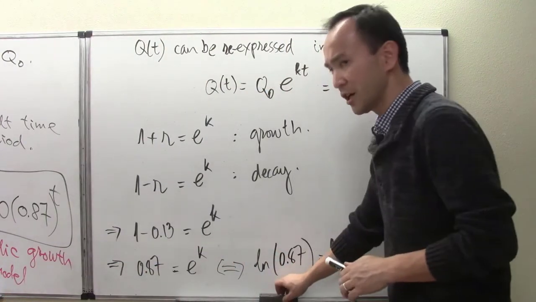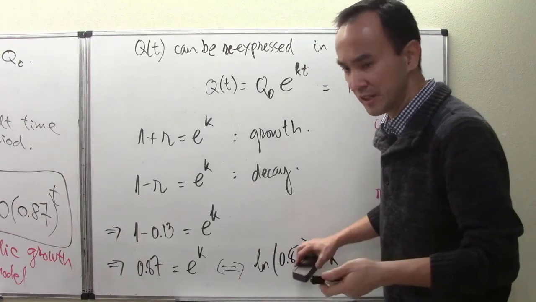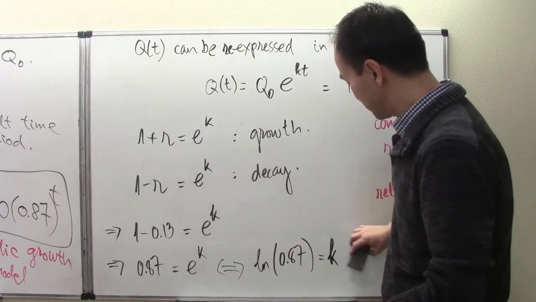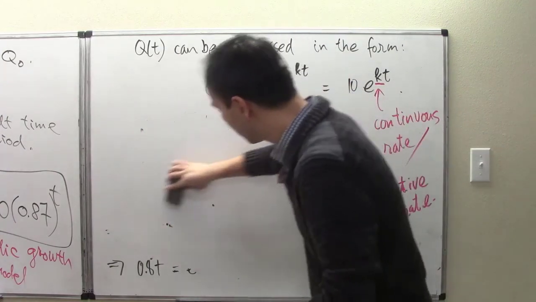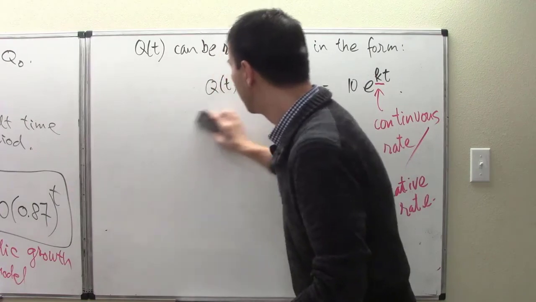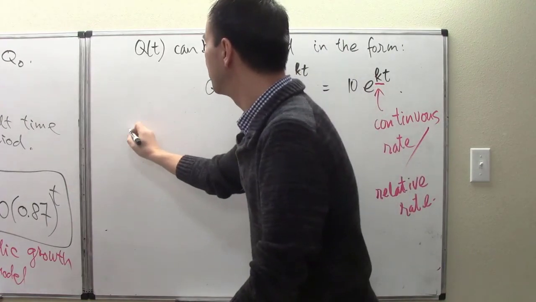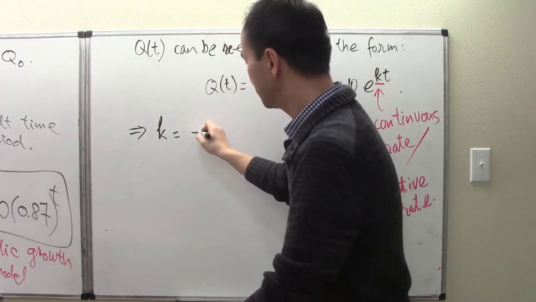All right, so now I've come to a value, and allow me to write that in 5 decimal places. So now my k value.